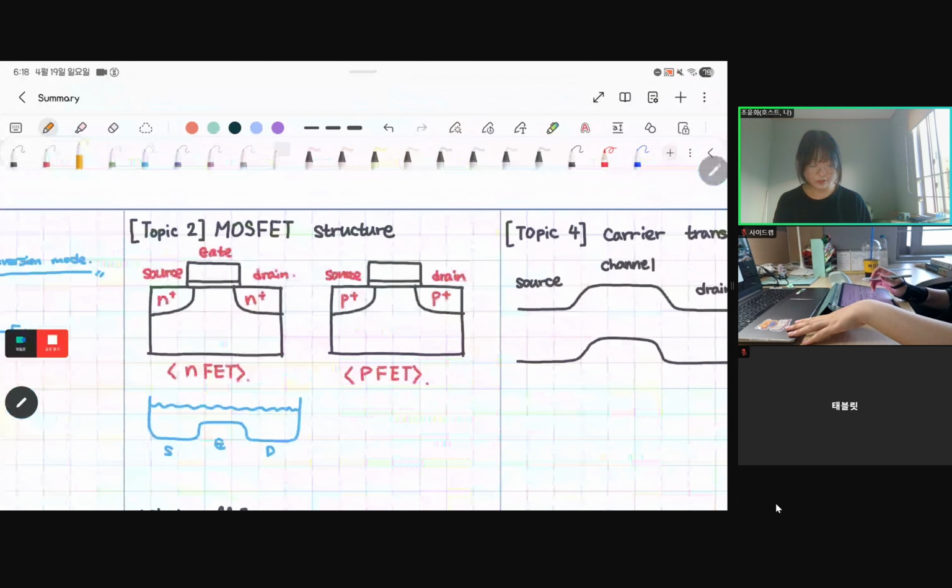Usually when we make an NFET device, we use a P-type substrate, and for the PFET case, we usually use an N-type substrate.